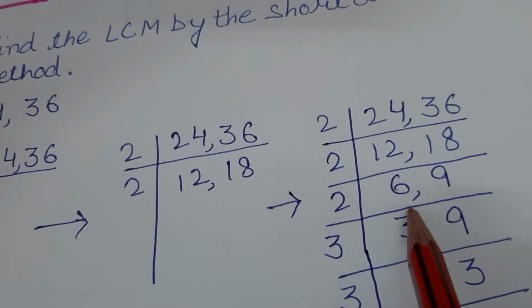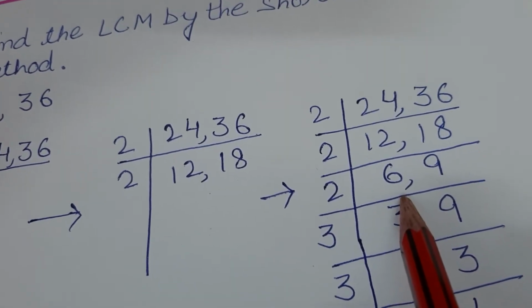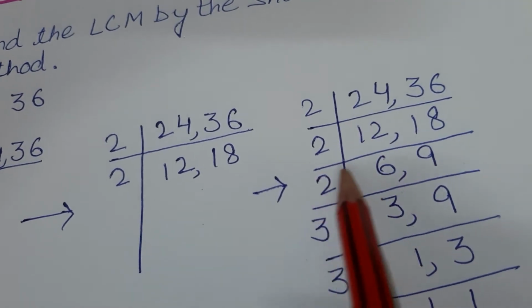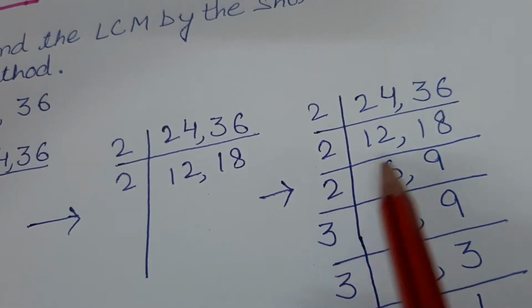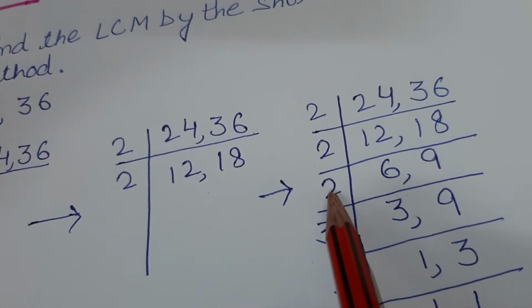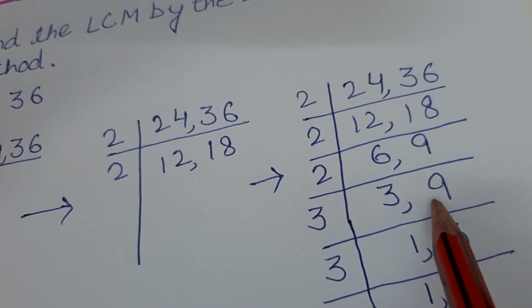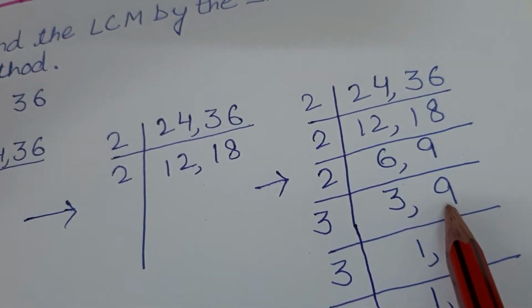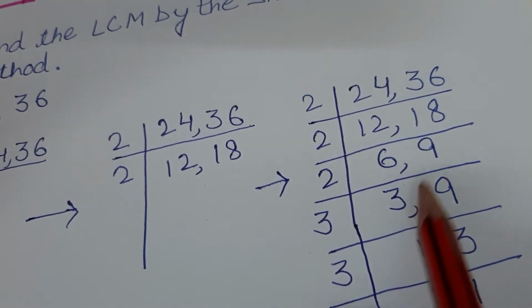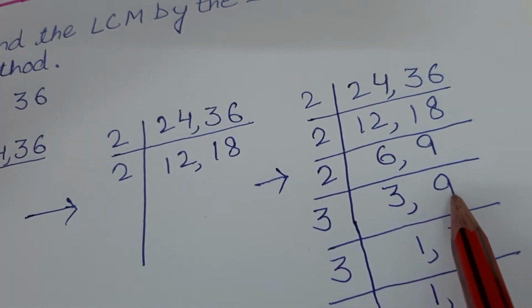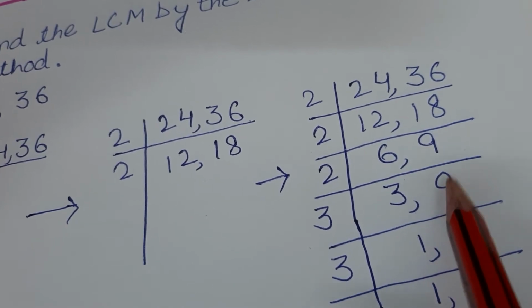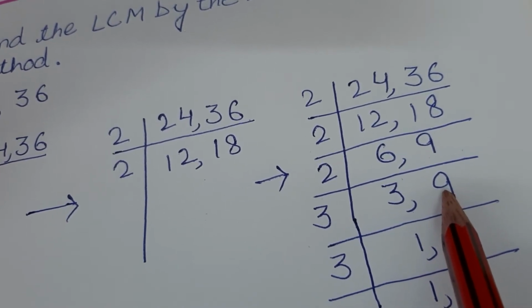Now students, this is the main point, please be careful. Now this 6 is divisible by 2, but 9 doesn't come in 2's table, so it is not divisible. So we will write this 9 as it is in the next step. This is a very important step to note down.